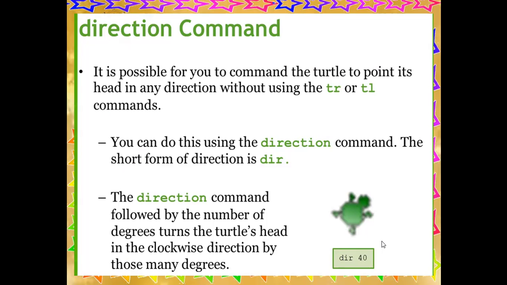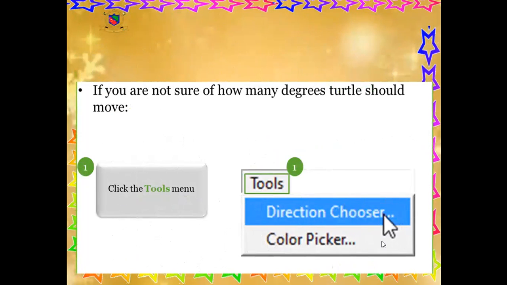And one more thing which we can do is, if you're not sure of how many degrees the turtle should move, we can use another method to change the direction of our turtle. For that purpose you have to click the tools menu. Now let's move on towards the KTurtle window, and let's try this over there.